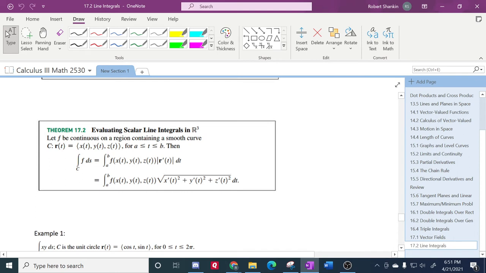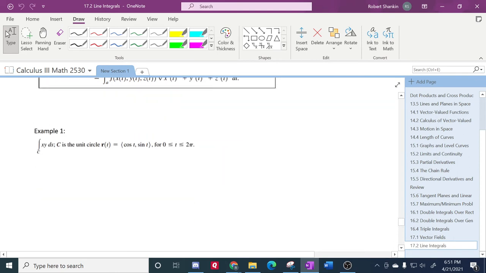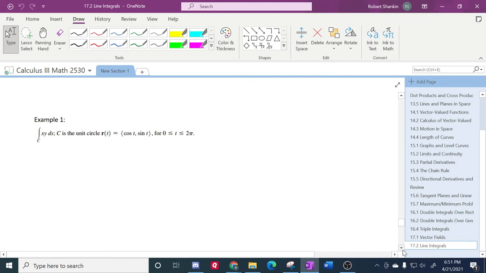Okay, so example 1. Let's do a line integral. The integral along C of x times y ds. And C is the unit circle, and t goes from 0 to pi.